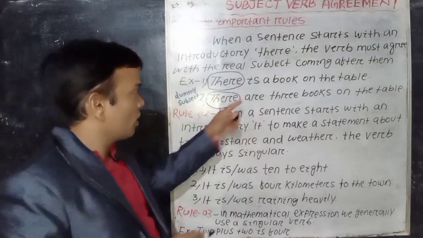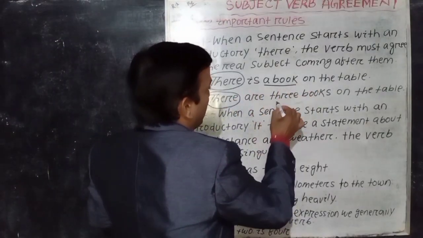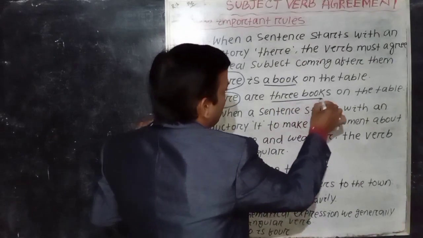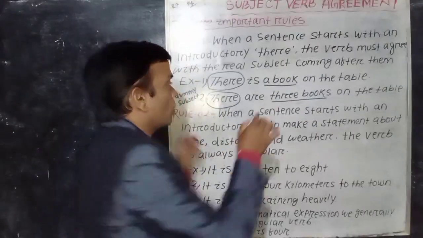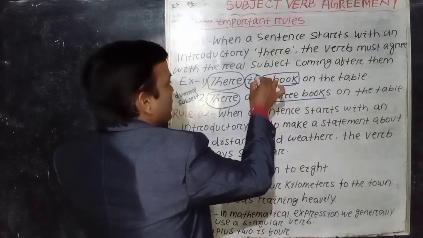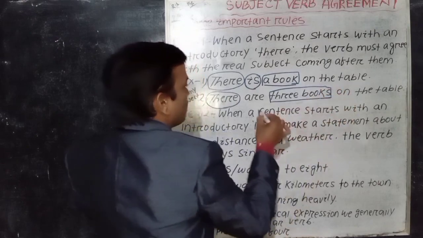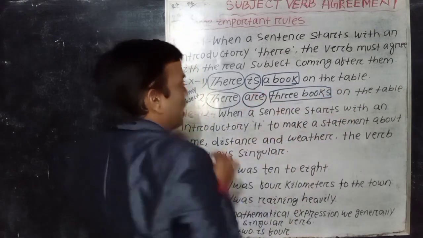Here the real subject in the first sentence is a book and in the second sentence 3 books. So a book is singular, so the verb is singular. 3 books, this particular noun is plural, so the verb is plural.